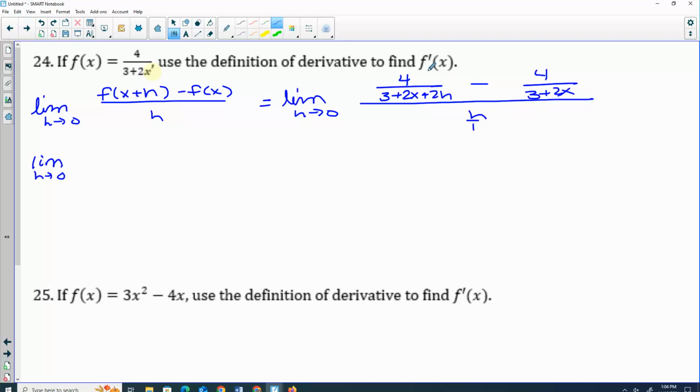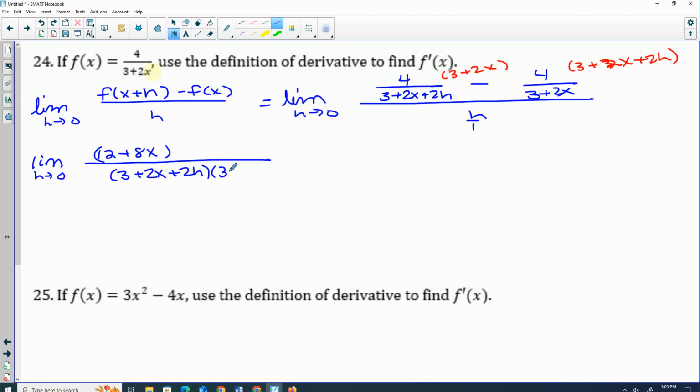So we can flip and multiply. We also need to get a common denominator. So I'm going to take this one times 3 plus 2x on top and bottom, and this one times 3 plus 2x plus 2h on top and bottom. So that gives 12 plus 8x. Can I go ahead and write this as one big fraction? Yeah. So it's the 3 plus 2x plus 2h and the 3 plus 2x.